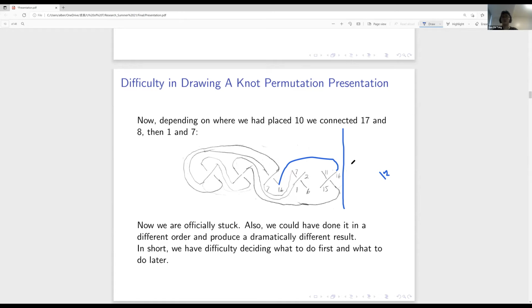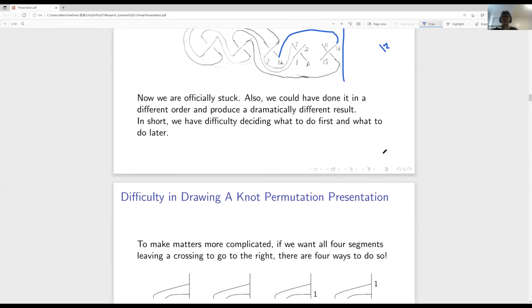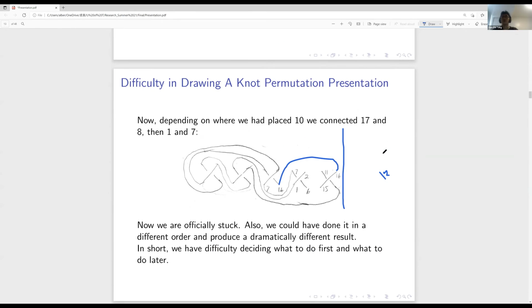So the moral of the story is that what we do at the previous steps is going to have a very important effect on what we do at the later steps. And it's going to be difficult to gauge what we should have done first and what we shouldn't have done first. So at this point, the motivation is that we want to see if we're able to rearrange the order of these crossings.